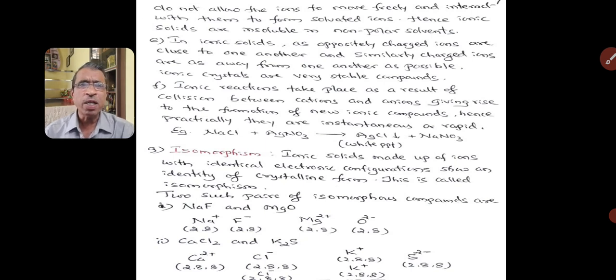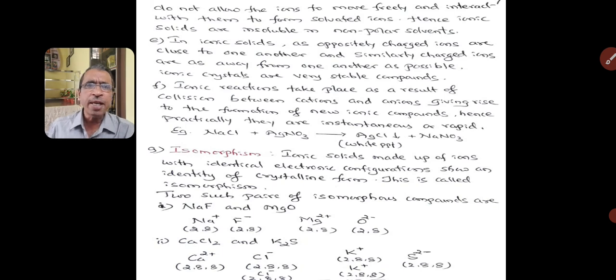Another property is isomorphism. Ionic solids made up of ions with identical electronic configurations show an identity of crystalline form. This is called isomorphism. Two such pairs of isomorphous compounds are given below.